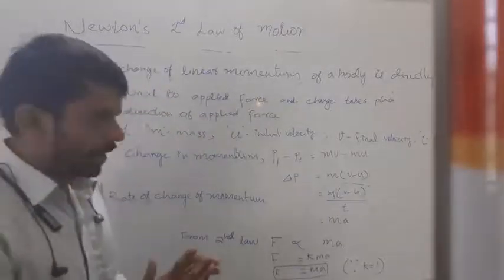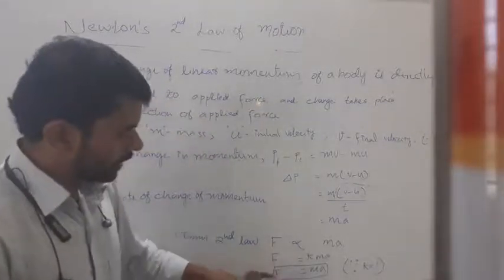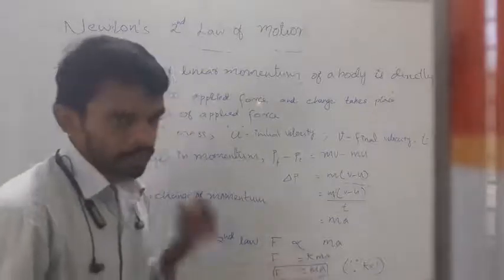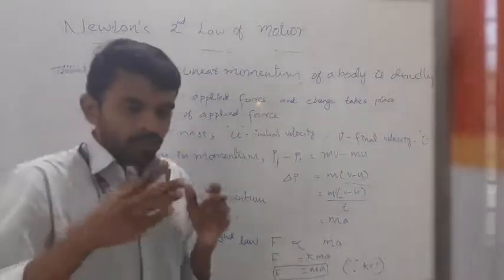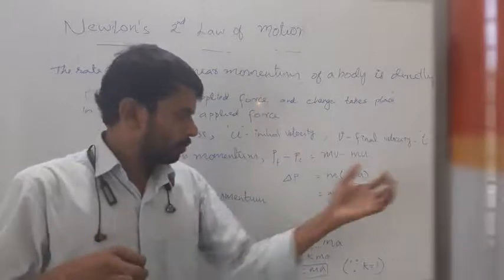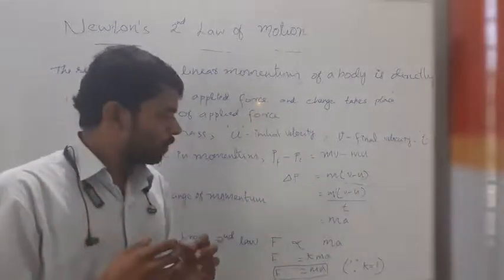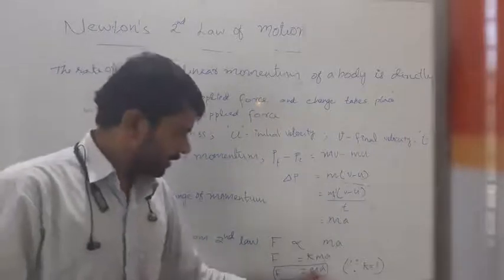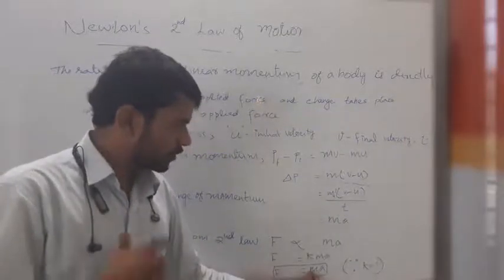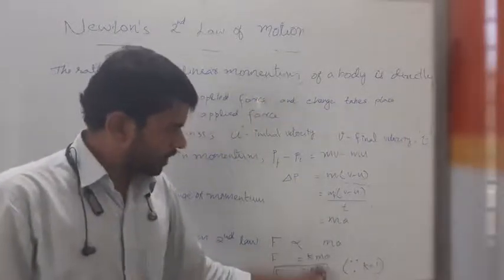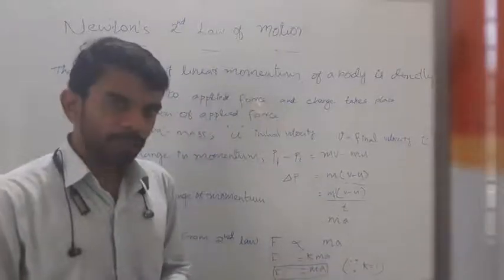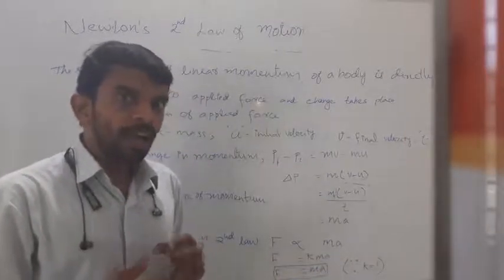We apply a certain constant force to different masses. For example, first body and second body. The second body has mass twice that of the first body. Then what about the acceleration? Which one will be accelerated more?